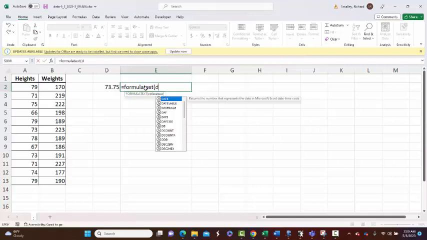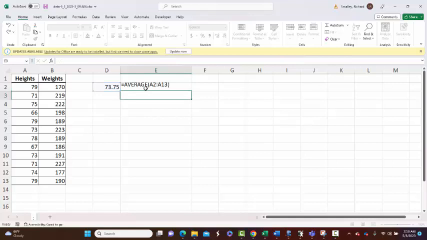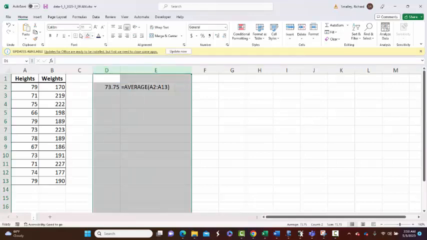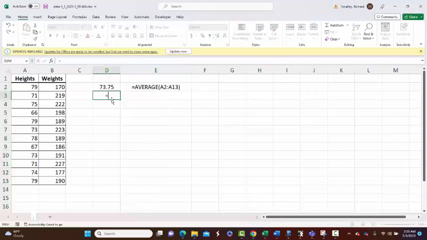And that's D2. And I want the sample standard deviation here, so it's going to be equal to stdev.s of A2 to A13.